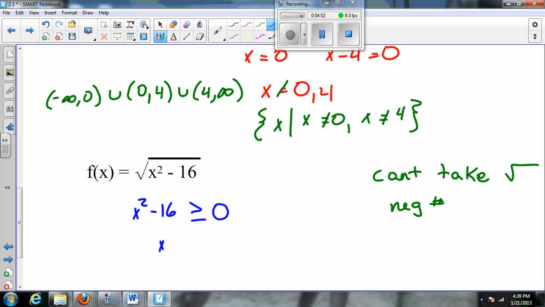So we solve for x. x squared is greater than or equal to 16. So now we square root both sides. And x, it becomes a compound inequality, where it's going to be less than or equal to 4, and greater than or equal to negative 4.